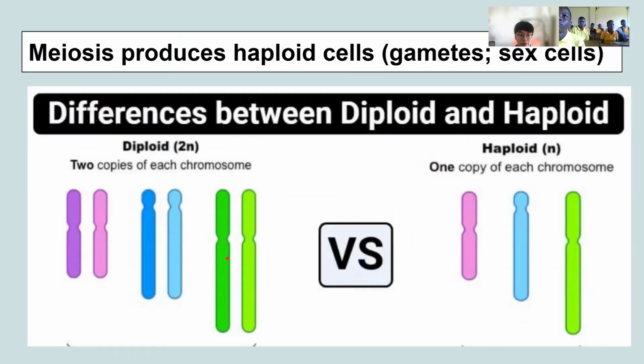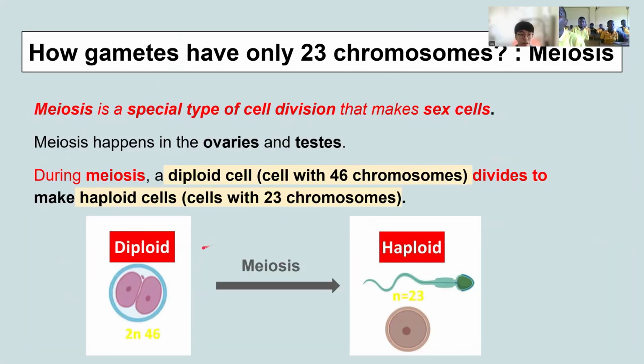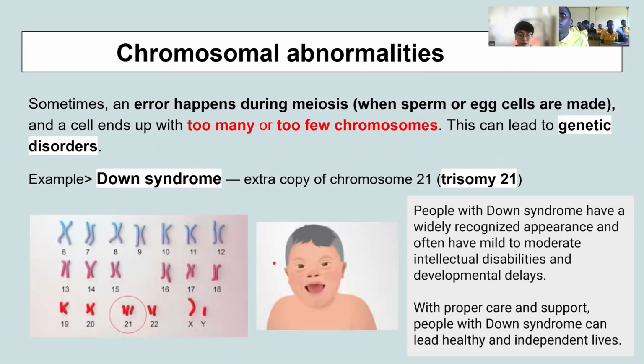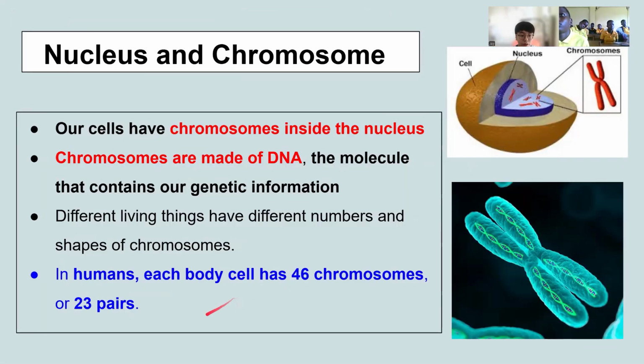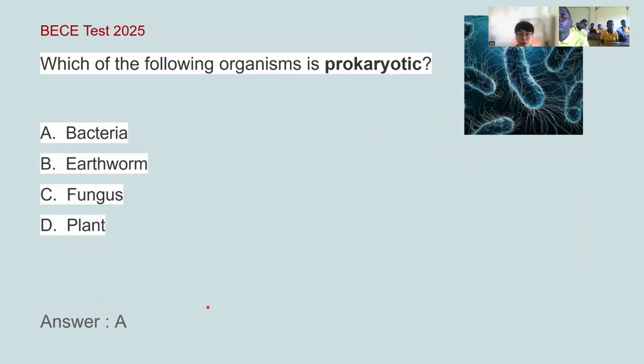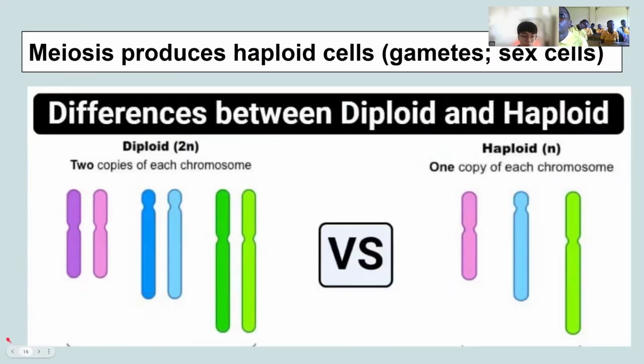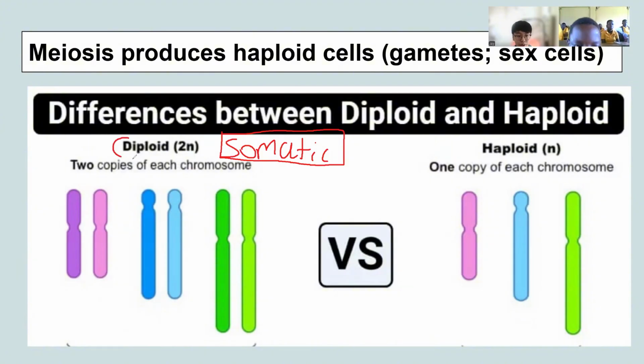So somatic cells are diploid cells. So it talks about here, I think. So somatic cell is just any body cell that is not a gamete, that is not a sex cell. So every somatic cell is a diploid.